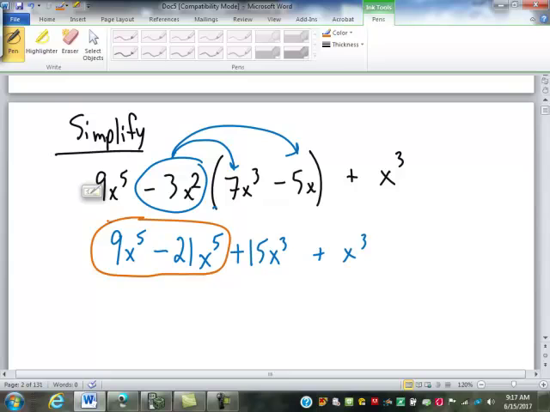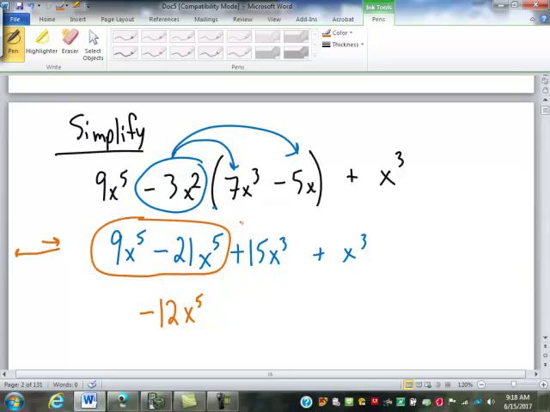We will combine the like terms, and usually we focus on the highest power first. So the x to the fifth is the highest power. We can combine 9x to the fifth and negative 21x to the fifth. 9 and negative 21 make negative 12. And then it's x to the fifth, because we are just adding or subtracting there, the name doesn't change.